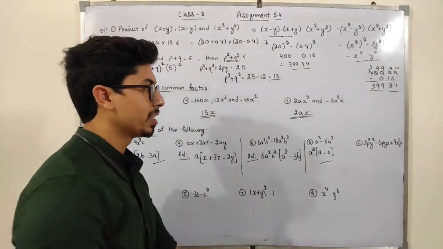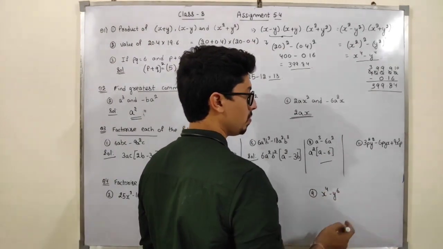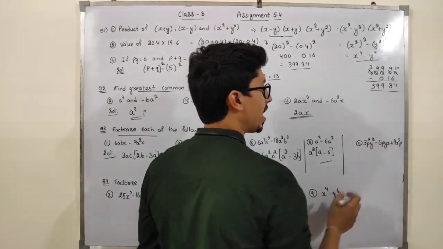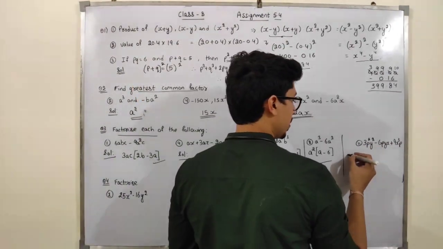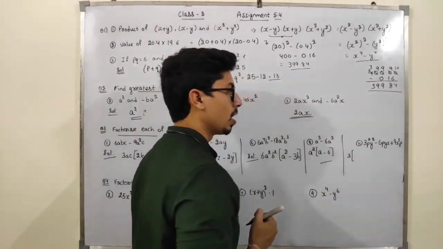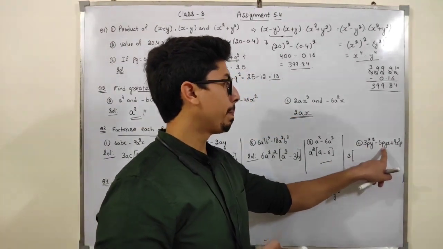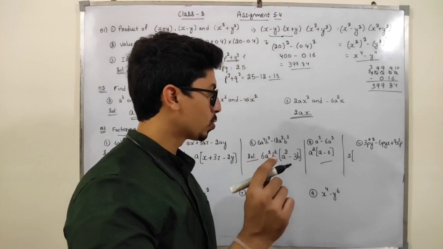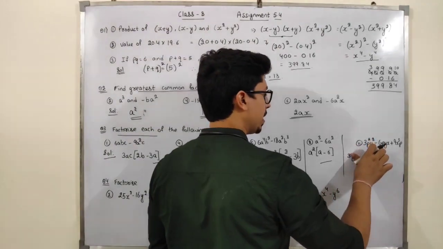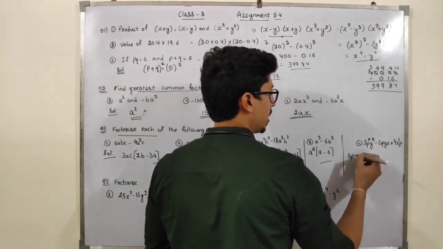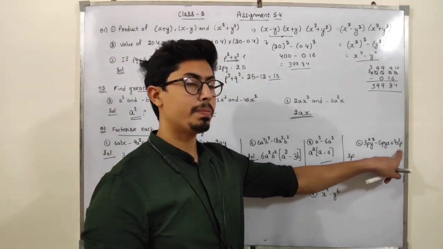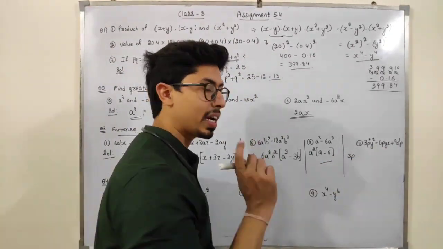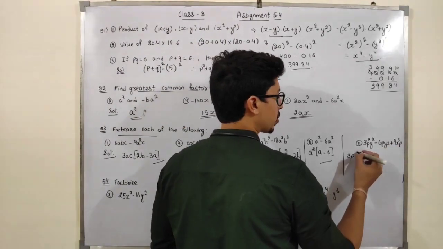Okay. Now the last part, students. 3, 6 and 9. Out of 3, 6, 9, I can take 3 common. Okay. Now, p square, p and p. P can be taken out. Okay. Now, here we have y, here we have y, but here we don't have y. So, I can't take y common. Similarly, I can't take x common.